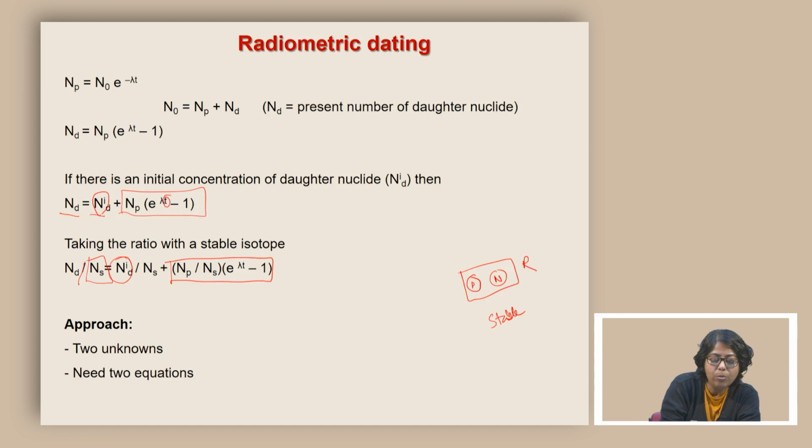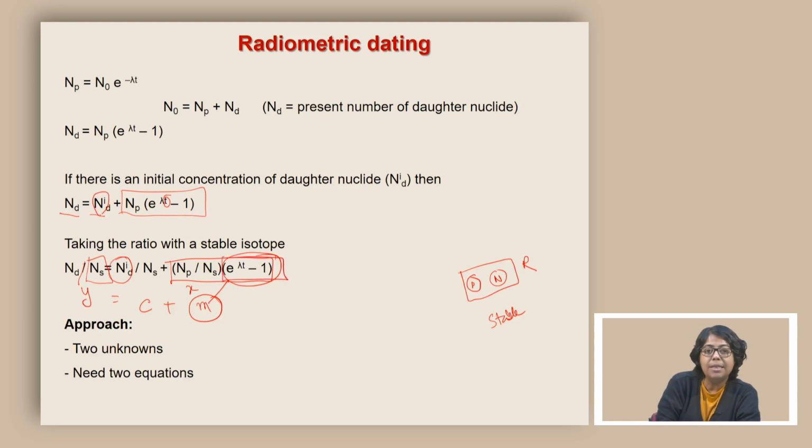And this equation, also the previous equation, has the form of a straight line, y equals mx plus c, where m is the slope. So, if we can solve for this slope, that's actually going to tell us something about the age, because that's what we are going to solve.